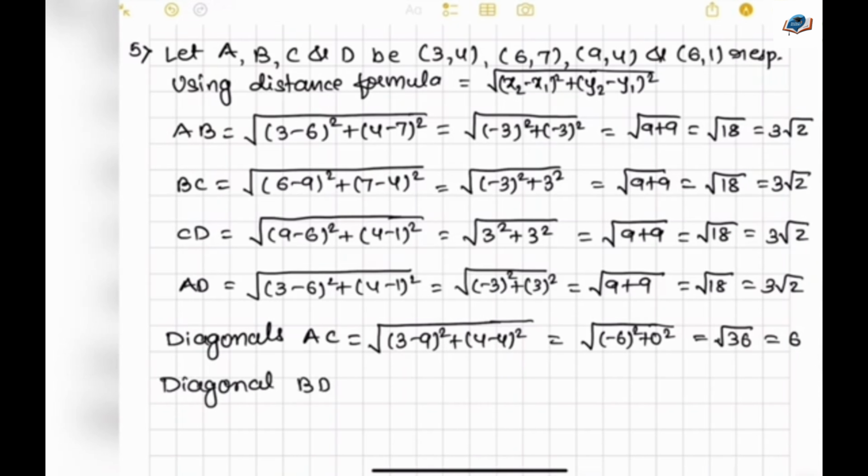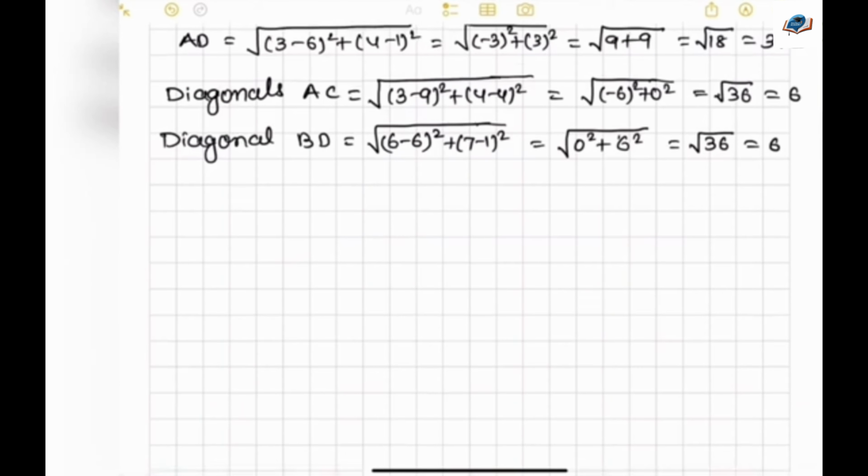Now diagonal BD equal to 6 minus 6 whole square plus 7 minus 1 whole square. So 6 minus 6 will be 0 and 7 minus 1 is 6 square. So this also will be 36, which is equal to 6.